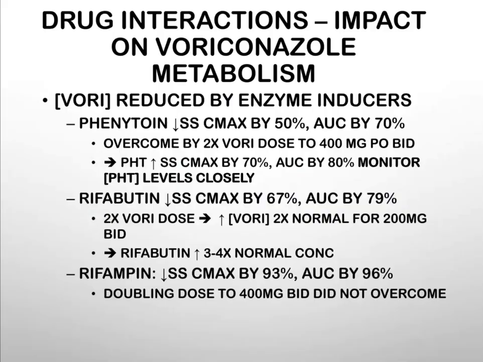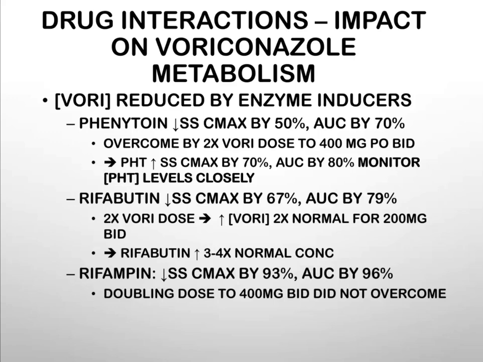In terms of other drugs affecting Voriconazole metabolism, enzyme inducers are not a lot of fun, right? So first off, don't try to use rifampin with Voriconazole, Posaconazole, or Cresemba.